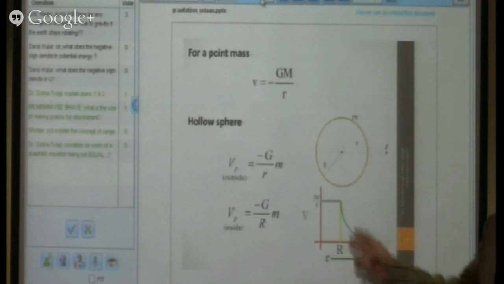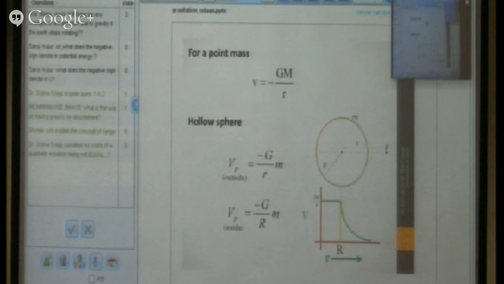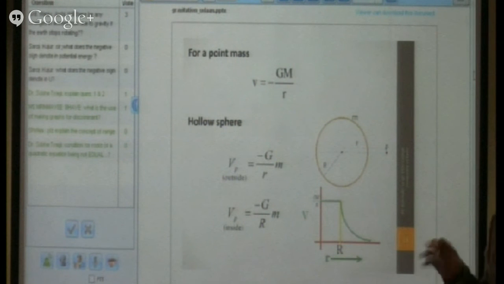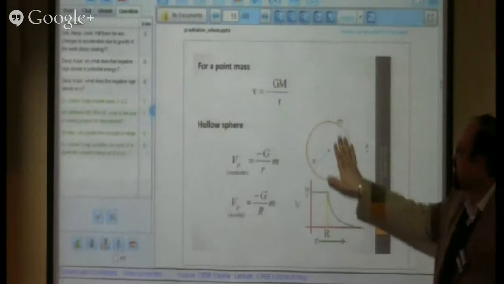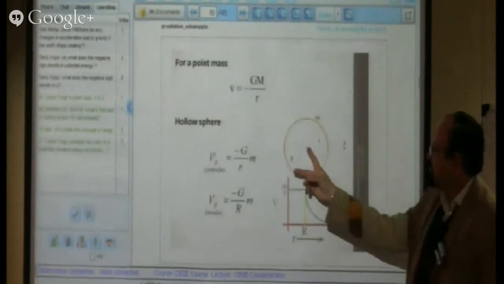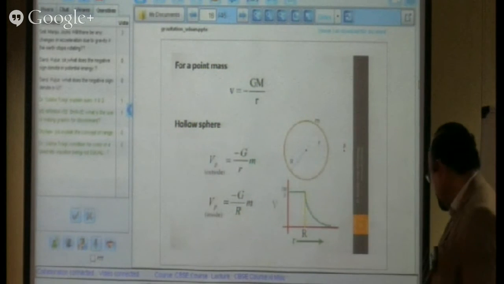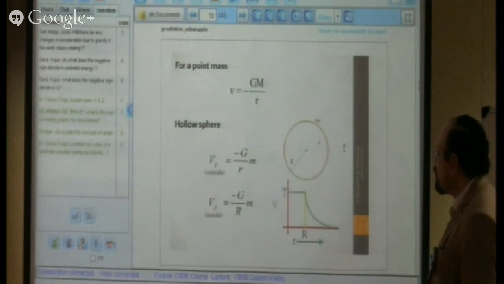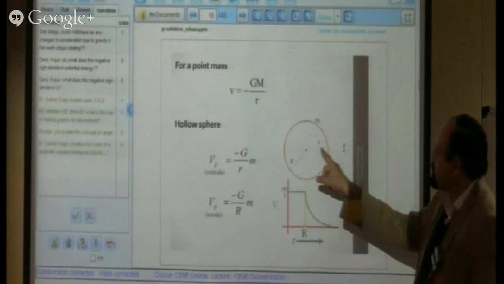See, these are a few relations which I ask you to remember, with some detailing, but let's not go into the basic aspects of how we get them. This is a hollow sphere. It means that nothing is inside. It's completely hollow. Its radius is capital R, and I choose a point P. The distance of this point from the center is small r.